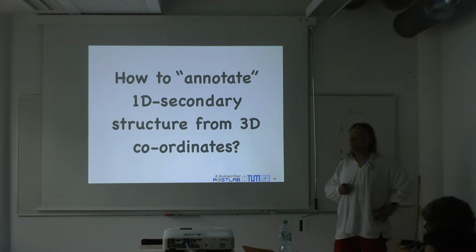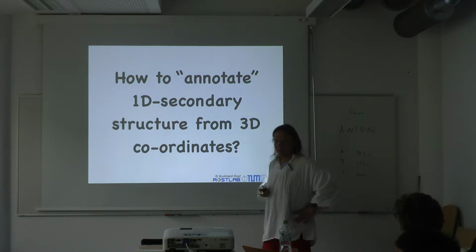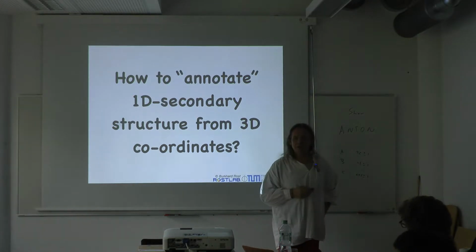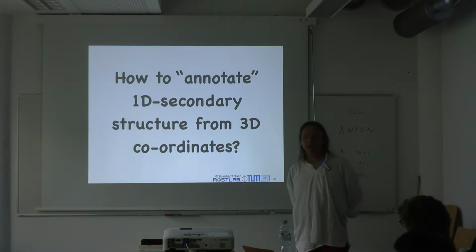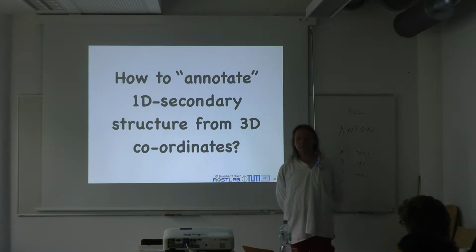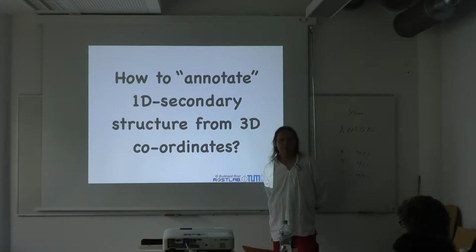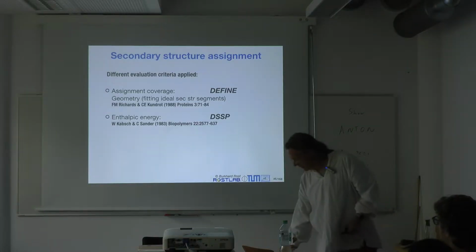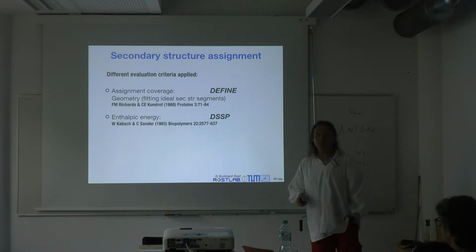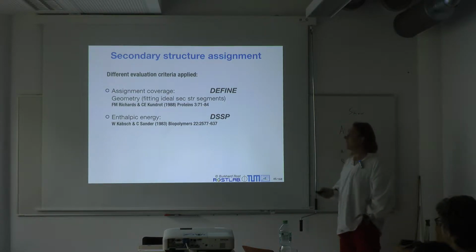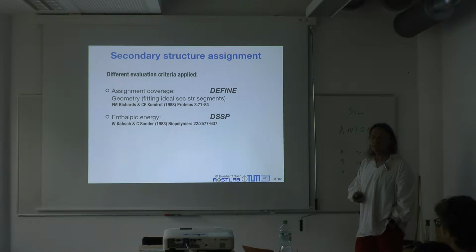How can we annotate 1D secondary structure from coordinates? How could you do it? So I give you a 3D structure, and I want to get secondary structure out of it. How would you do it? The first principal ideas of the 2 first methods use geometry, angles, and DSSP uses essentially an energy.